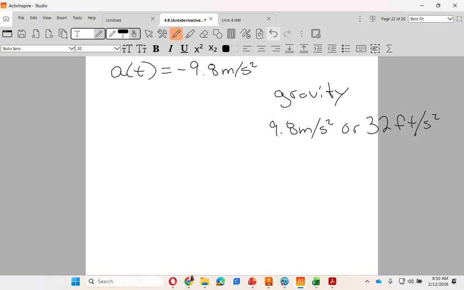For my functions, A of t is equal to my negative gravity. My V of t is equal to negative gravity times time plus my initial velocity.